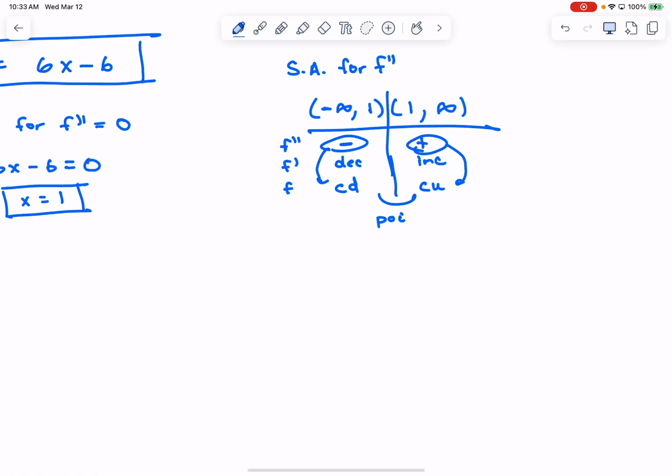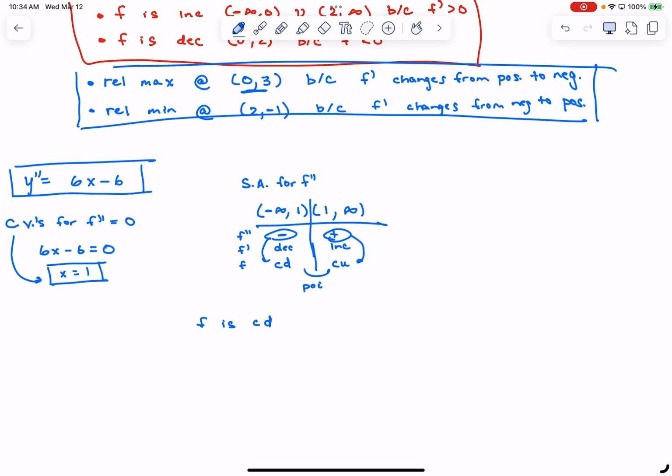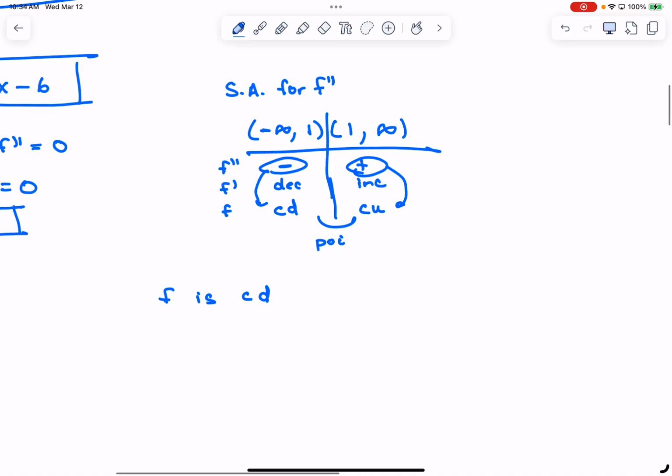Here we go. So we're going to say f is concave down. What do we say? Concave down where? Negative infinity to 1 because f double prime is negative. Or you can say f prime is decreasing.